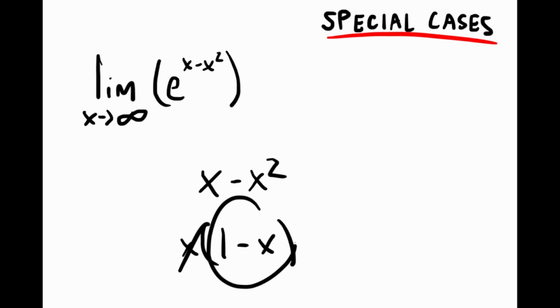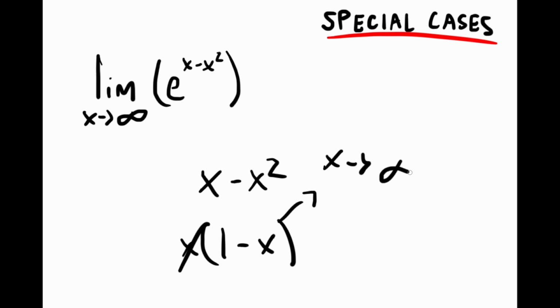Let's ignore this and just focus on 1 minus x. As x approaches infinity, this will just equal 1 minus 1, or 10, 100, 1,000, 10,000. It'll just be equal to negative infinity. It'll go on forever and ever.